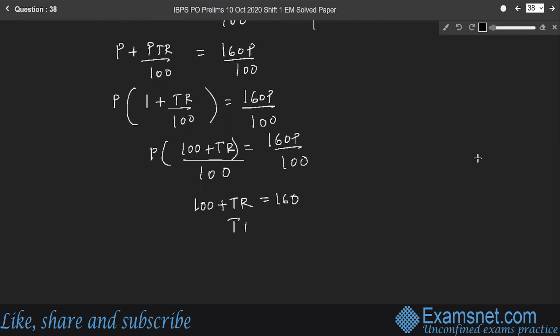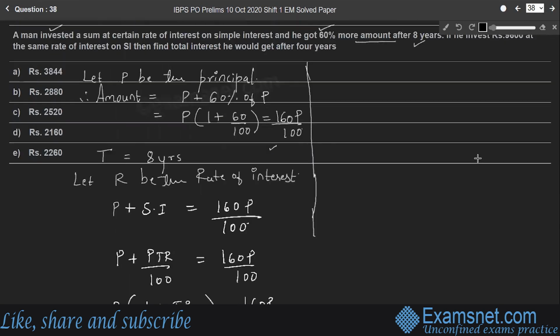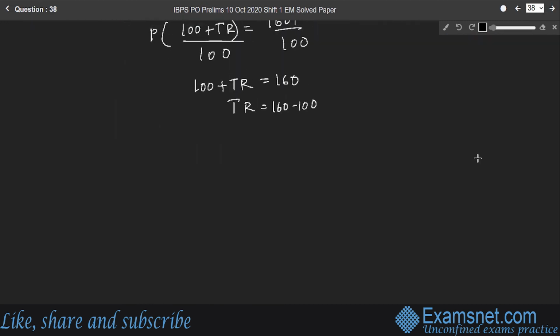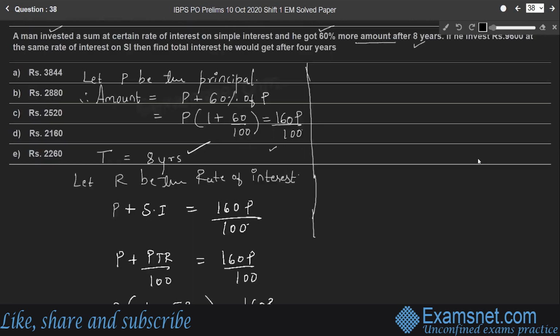TR is 160 minus 100, which is 60. So what is T here? T is 8 years. Therefore, the time period is 8 years. Hence, R is 60 by 8, which is 7.5%. Rate of interest is 7.5%.